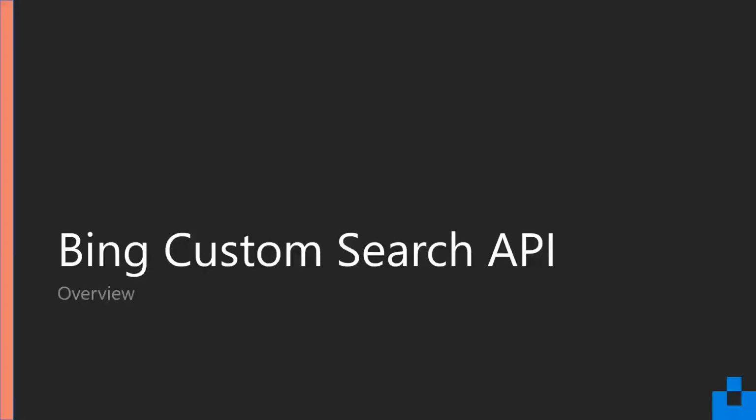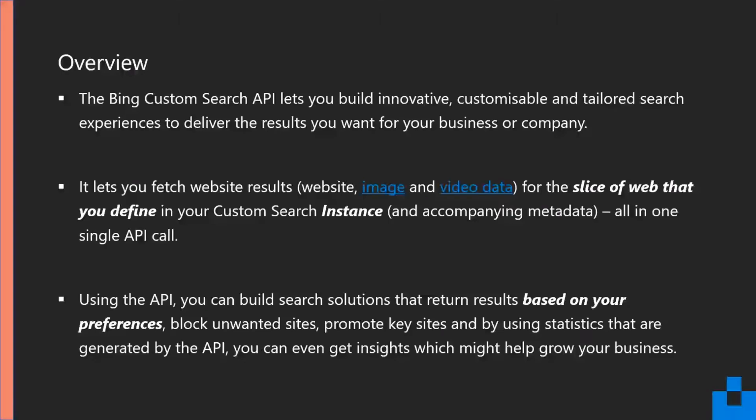So the final API that we'll run through is the custom search, and custom search is an API and a solution that lets you build your own custom search instance. It runs off the whole premise of what it calls an instance.